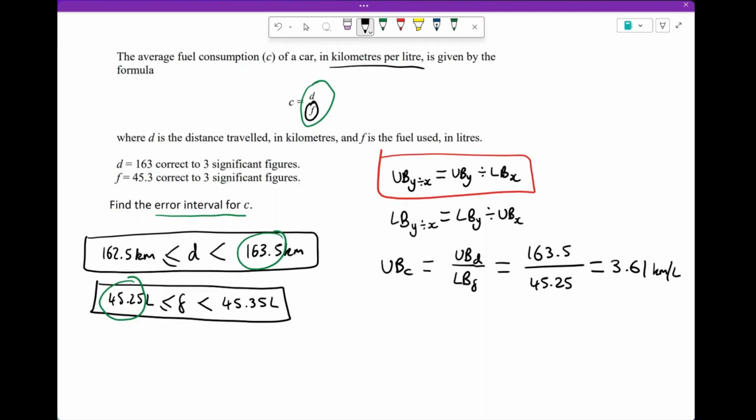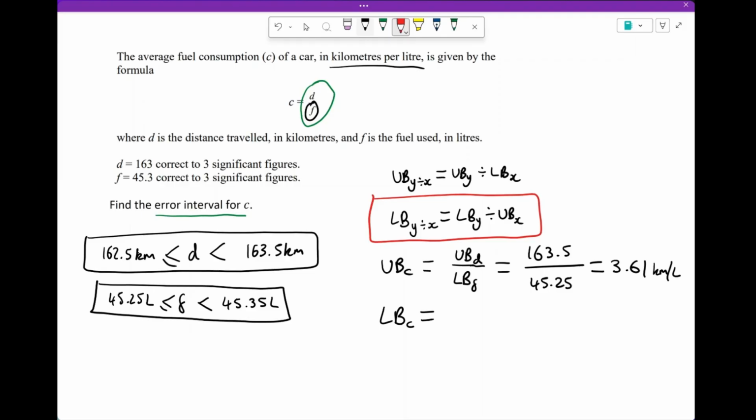Now let's consider my lower bound instead. So I'm going to write lower bound for C is equal to, and this time we're going to make use of this bottom rule here, which says the lower bound is equal to the lower bound divided by the upper bound. So for my numerator, I need the lower bound, which is of the value D. And in my denominator, I need the upper bound, which is for my value of F. So now let's pick the specific values we're going to use.